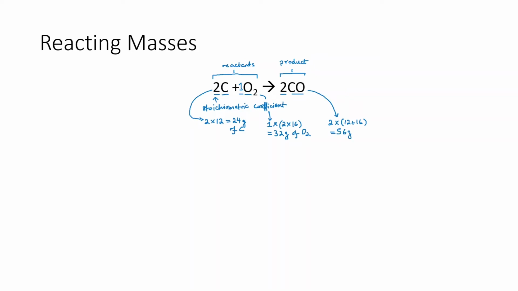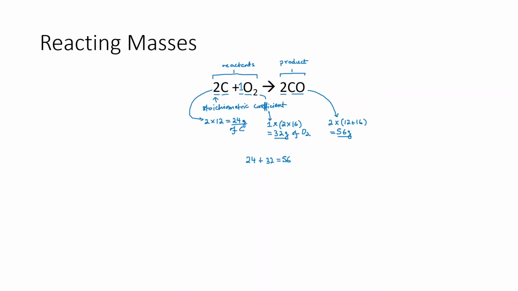All right. And notice how this mass of carbon, 24, plus this mass of oxygen, 32, these 2 masses of reactants will add up to give you the mass of the product, 56. So 24 plus 32 gives me 56.